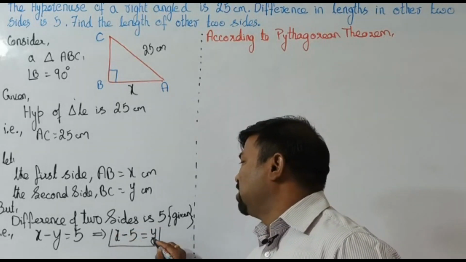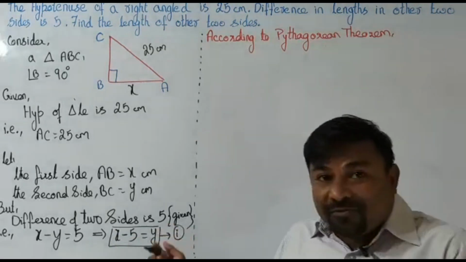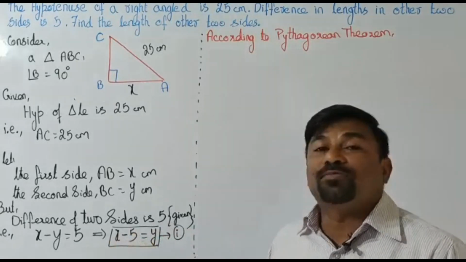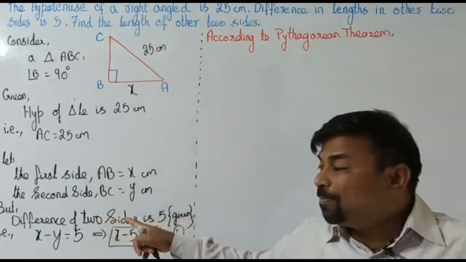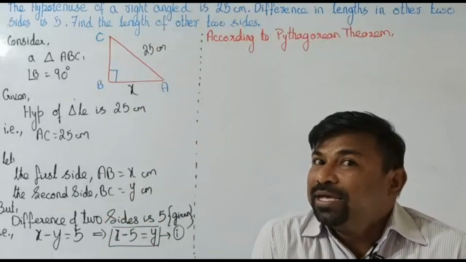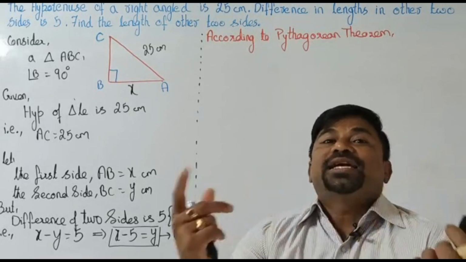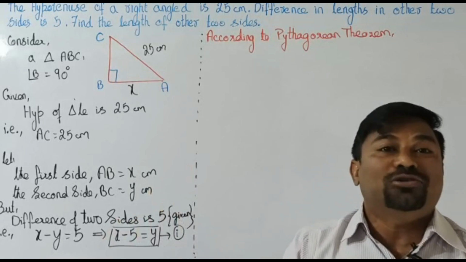I am ready with this equation. Wherever I want to replace y, in the place of y I can keep x minus 5 now. Whatever relation is given, I like to call it a helping relation, or a relation used to eliminate the variable y, a replacing relation. I can call it a replacing relation also.